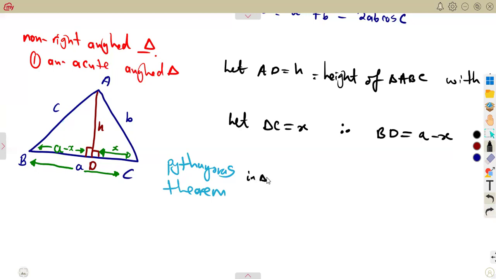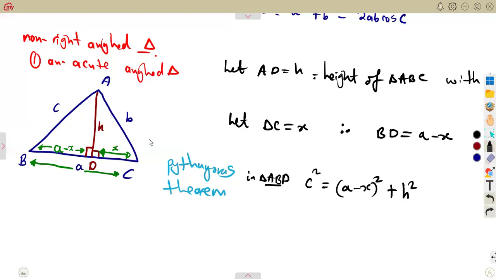Remember, the hypotenuse squared is equal to side squared plus side squared. The hypotenuse is C in triangle ABD. So C squared is equal to the sum of the shorter sides squared, that is A minus X in a bracket squared plus H squared. So this is from triangle ABD.